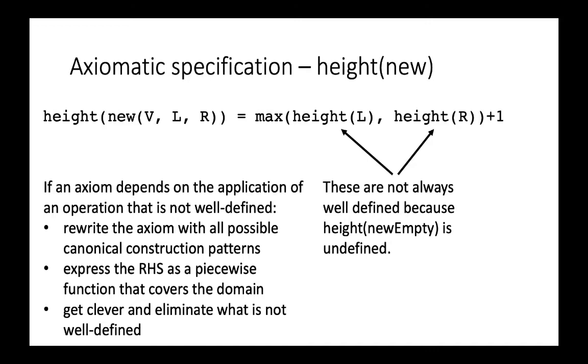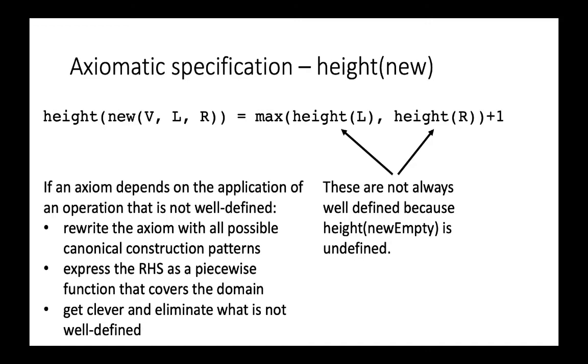All right. So, now, that prior slide had all of them except for height, right? Here, we're going to have a problem. It relates to the fact that empty tree is undefined for height, because there is no height for an empty tree. So now we would like to be able to recursively define the axiom for what is the height of a tree I construct with this constructor to be, well, it's the maximum of either its left side or its right side plus 1 for this node here, right?